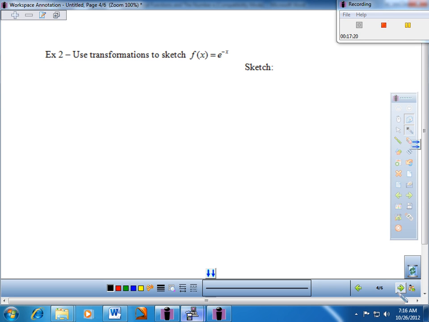If you think about y equals e to the x, and then y equals e to the opposite of x, or this negative x, well, what is that transformation? And again, we've been working a lot with transformations over the course of the year. I hope you would all agree with me that this transformation is very simply a y-axis reflection. Now, y equals e to the x would be this.